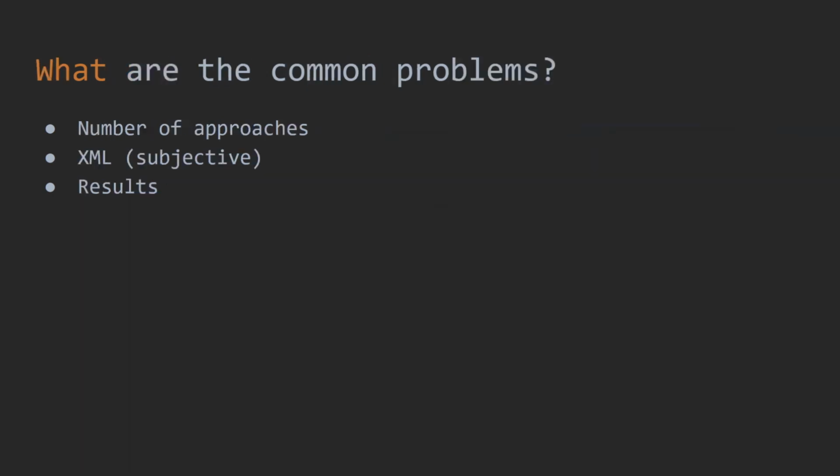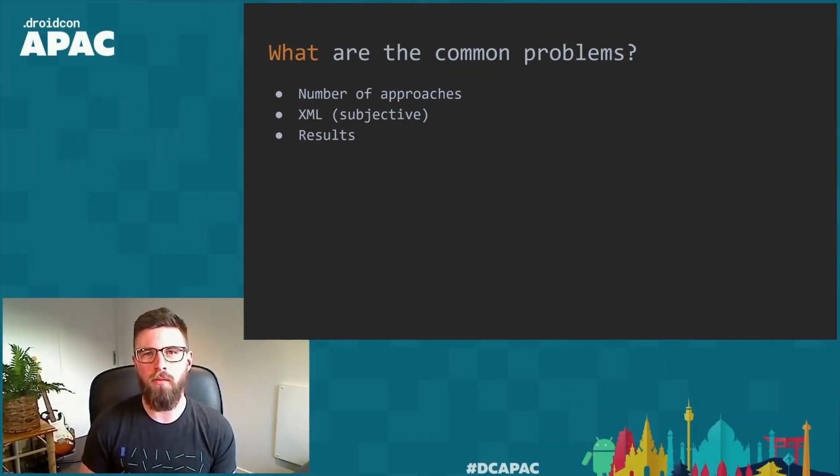So the number of approaches itself is a big one for me. As we've seen, there are at least 3 different ways to get things working in a multi-module project. And this isn't great for ensuring consistency, especially in large teams. Even if you try and stick with one option, the other options still exist, and you're likely to end up with a mixture of approaches, which will make your navigation a bit of a mess and difficult to maintain.